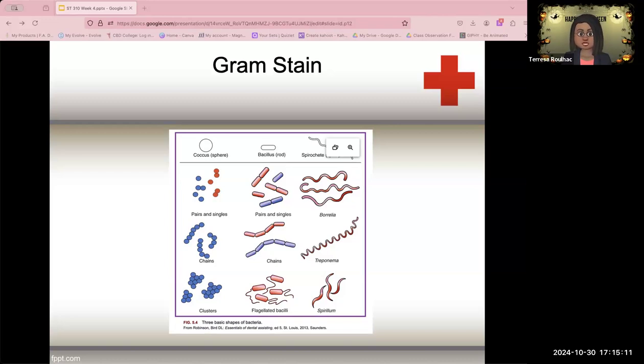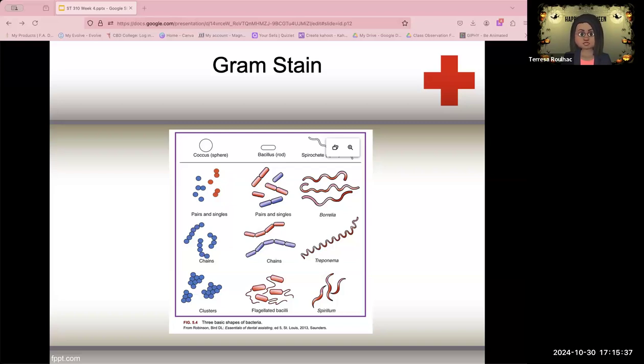Now, the distinction between gram-negative and gram-positive bacteria is going to be important because it impacts how infections are treated. Gram-negative bacteria tend to be way more resistant to certain antibiotics, while gram-positive bacteria are going to respond better to others. So when we use gram staining, we're trying to figure out the types of bacteria.